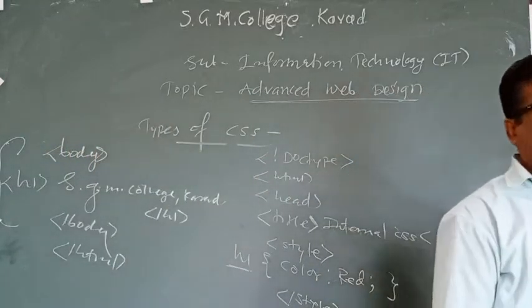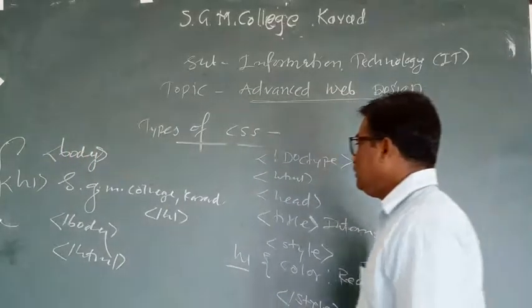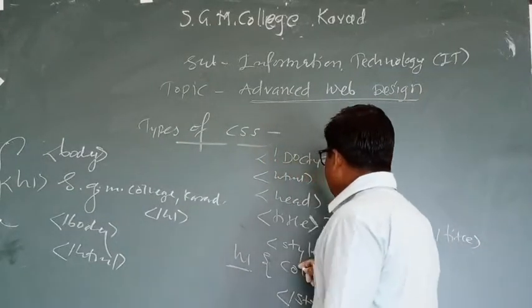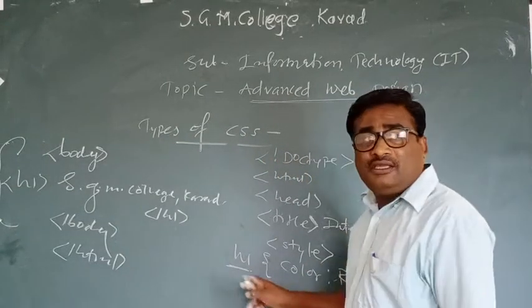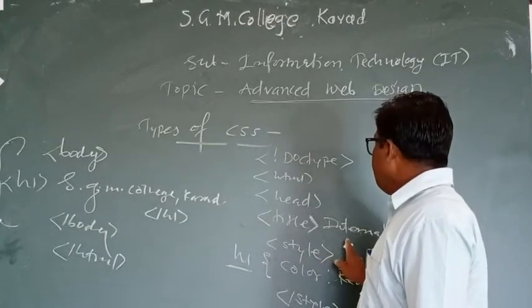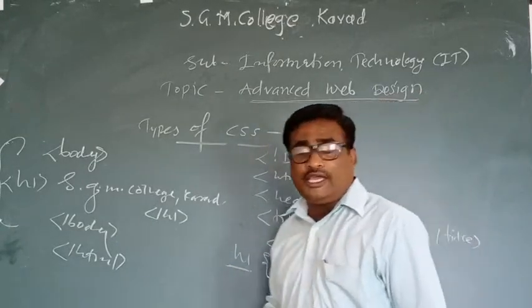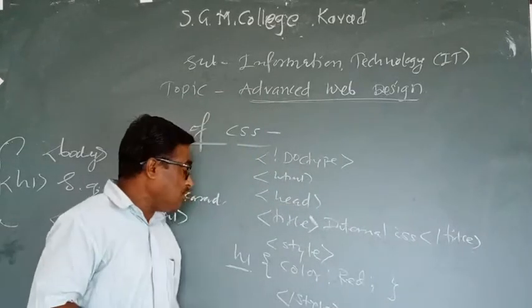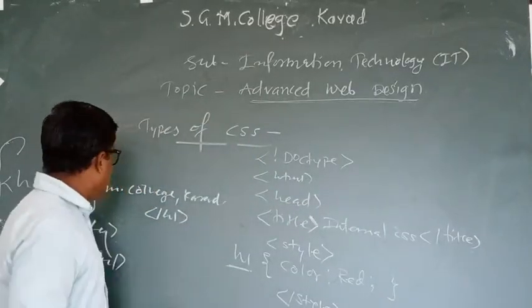Therefore, in internal CSS, we have to write the style tag in the head tag, and in the style tag we have to write the selector and declaration block, then style close, head close.